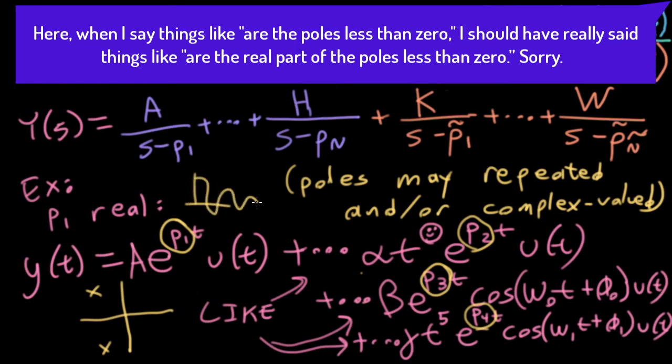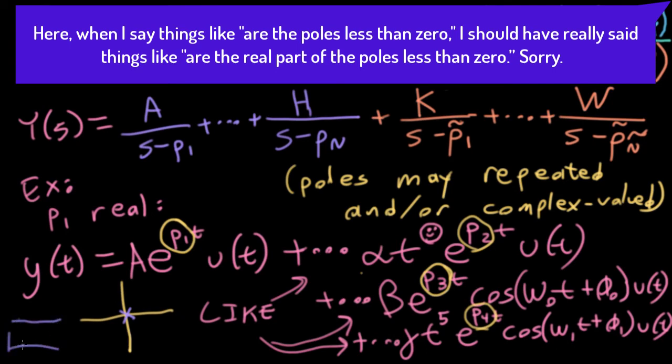Either it's just a flat-out decaying exponential, or it's some sort of decaying sinusoid. Either way, it's decaying. If, on the other hand, one of these signal poles, as I'm calling it here, lands on the imaginary axis, then that's going to correspond to some sort of sinusoid that's going on forever. It's not expanding, and it's not decaying either.